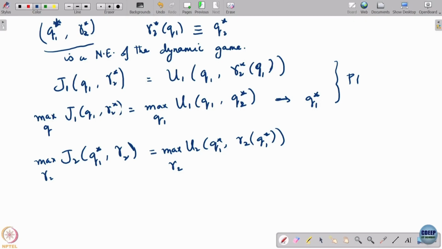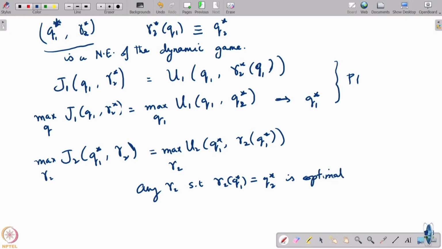He can play any gamma 2, so long as at q1 star it corresponds to the simultaneous best response to q1 star, right. So any gamma 2 such that gamma 2 of q1 star is equal to q2 star is optimal, it is the best response, right.